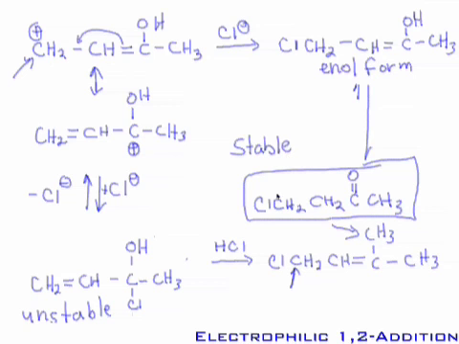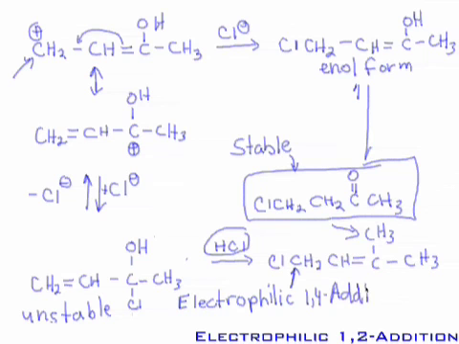So if you use acid like HCl, you get electrophilic 1,4 addition. Okay. Well, what happens if you don't have acid? What if you use a powerful nucleophile instead? What happens then?